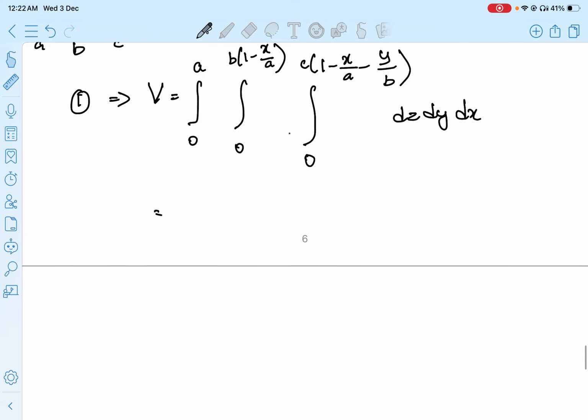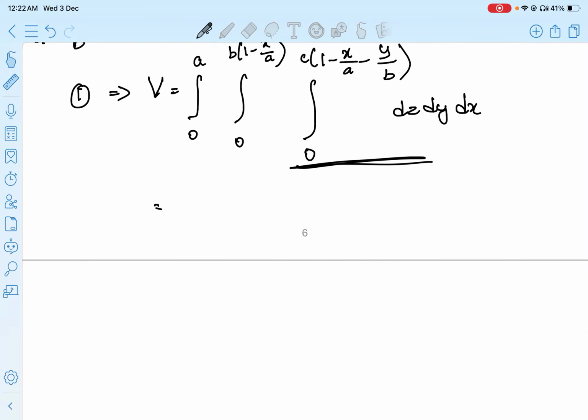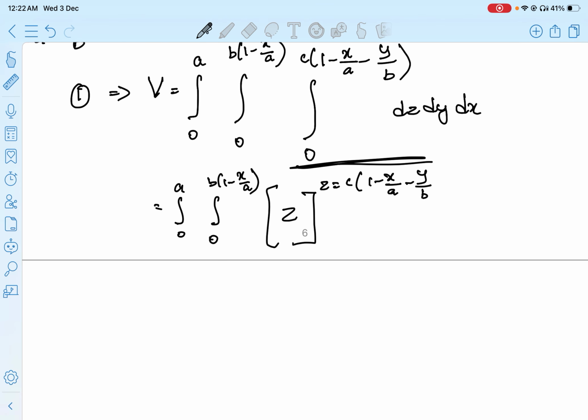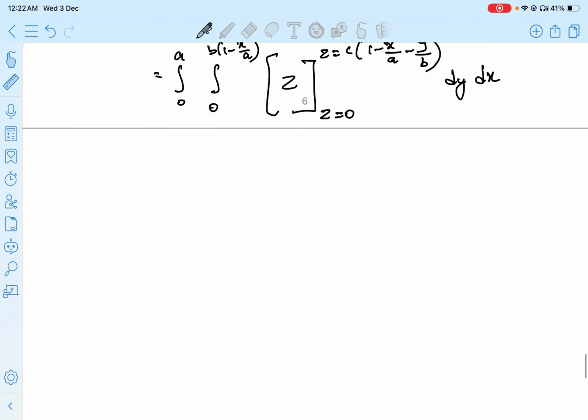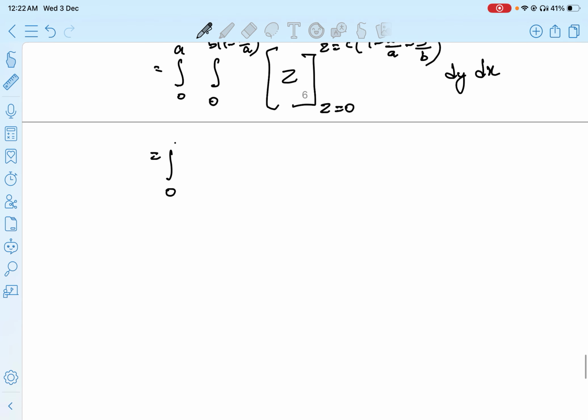So integrating with respect to z: integral 0 to a, integral 0 to b, z from 0 to c into 1 minus x by a minus y by b, dy dx.